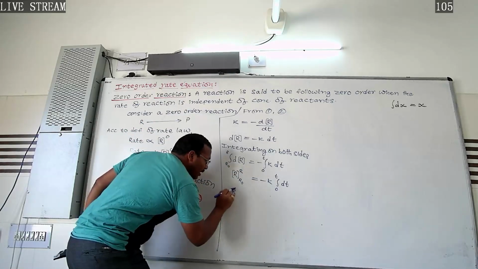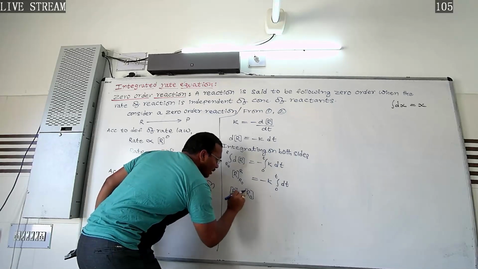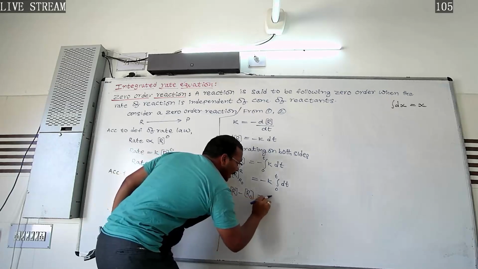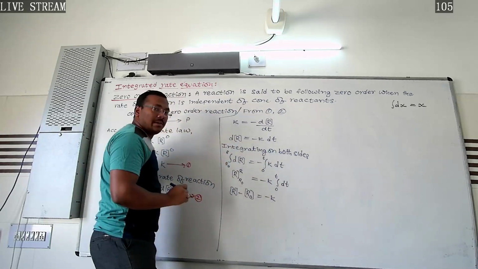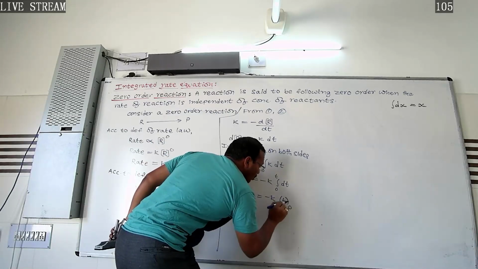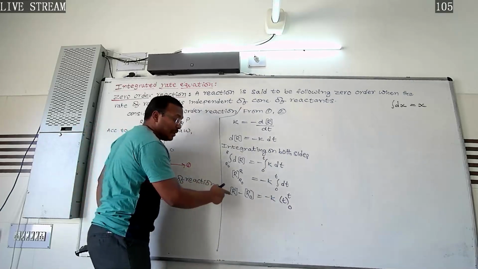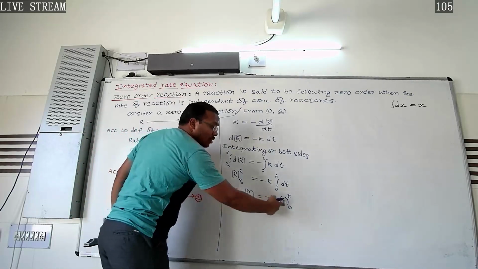Upper limit r minus lower limit r naught is equal to minus k into the integral of dt, which is t, from 0 to t. See, we are using different brackets: here a square bracket, here a normal bracket.